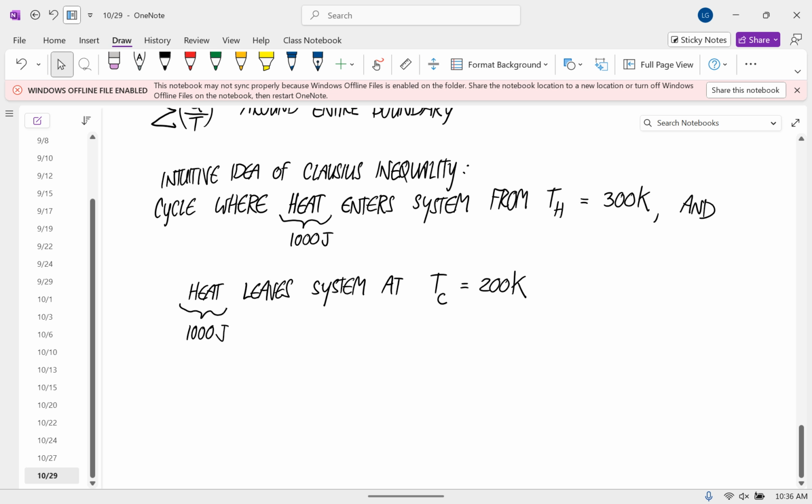So now we're going to calculate this integral. So the integral of squiggly dq, that's just like a tiny infinitesimal increment of heat exchange divided by the temperature where it's exchanged all around the boundary.